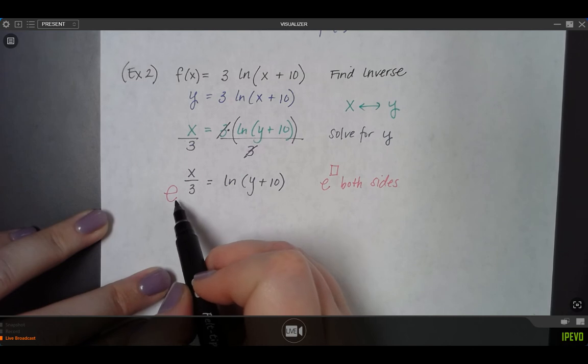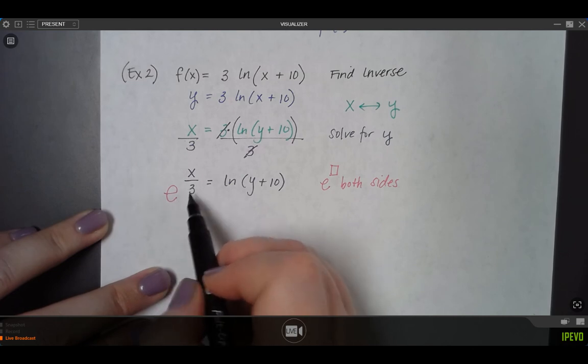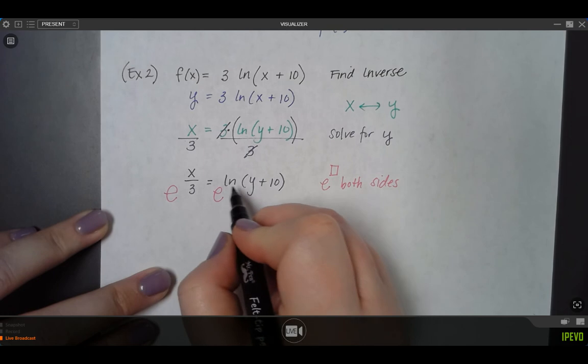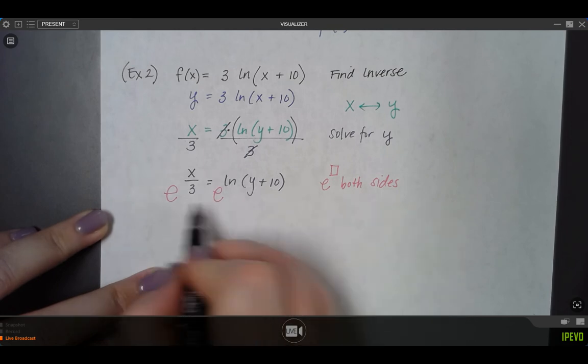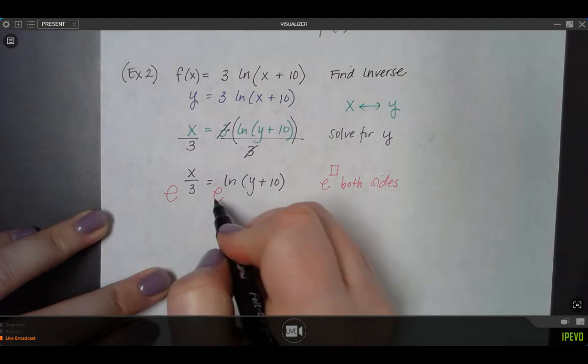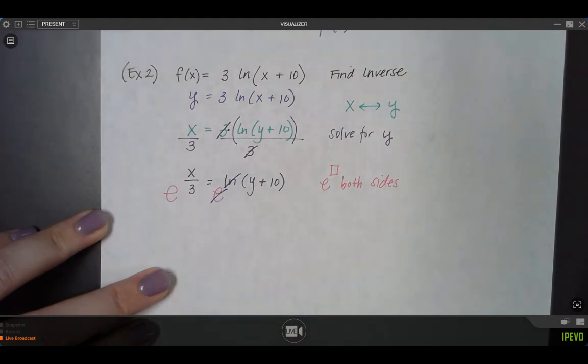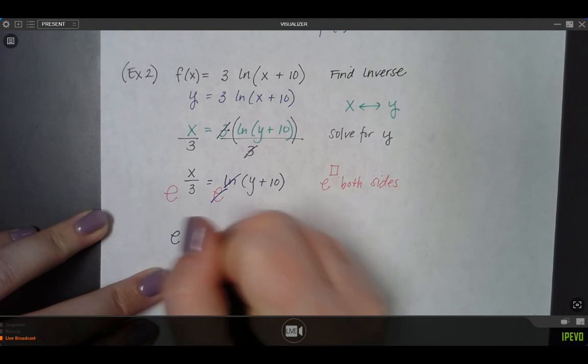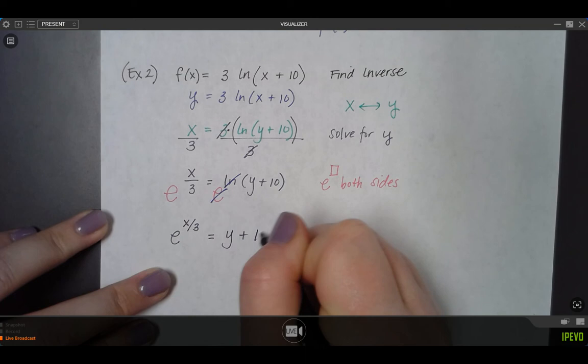So if I put an e on this side, it becomes e to the x over 3. And again, e to the ln of y plus 10, e being that base number. When I simplify that, e and natural log will simplify out. This ends up giving me e to the x over 3 is equal to y plus 10.